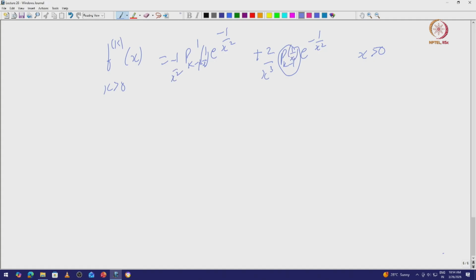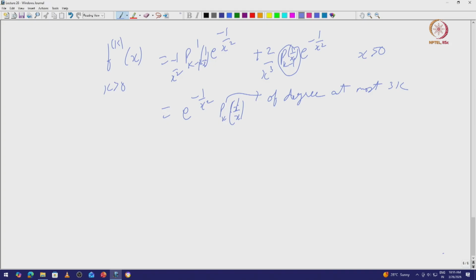Okay? So what happens? So this is e raised to minus 1 by x square times p_k of 1 by x. This is of degree at most 3k. Indeed, this is a polynomial of degree 3k minus 3 at most.